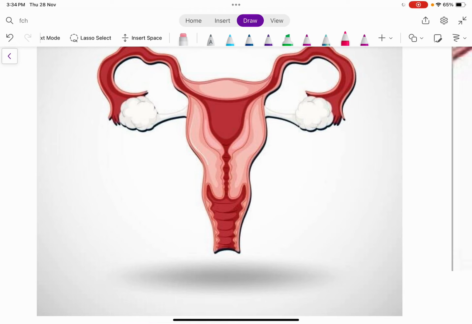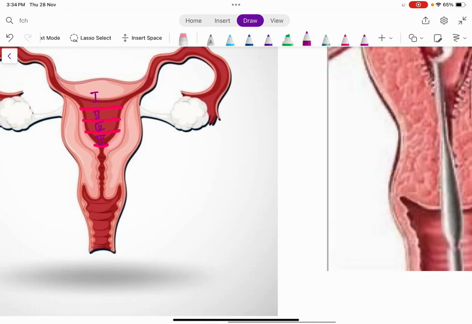As you can see here, in my mind, I'm going to divide the uterine cavity into various fractions. This is the first fraction, this is the second fraction, this is the third fraction, and this is the fourth fraction. I'm going to label them 1, 2, 3, and 4.